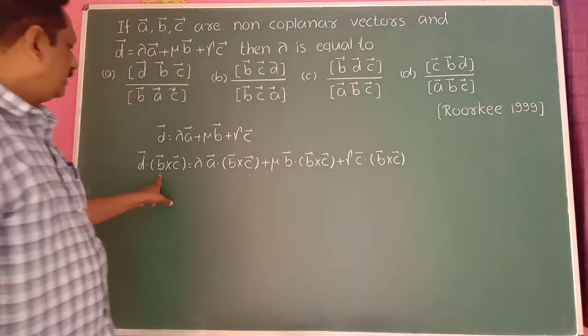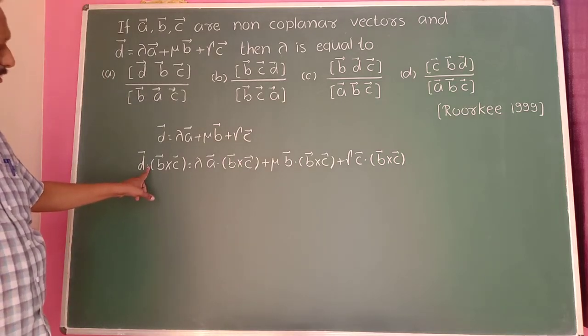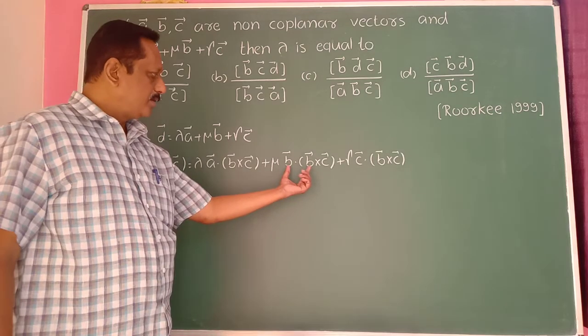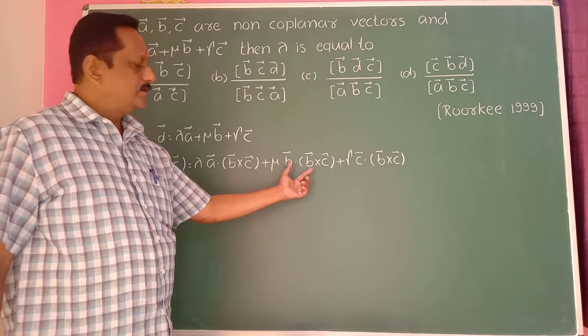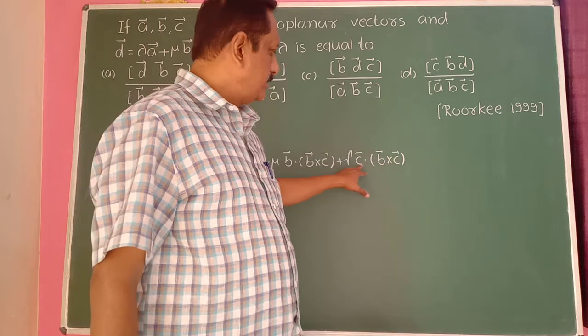Multiplying both sides by B bar cross C bar and taking the dot product here. And you know that in a scalar triple product, if two vectors are identical, the value becomes 0. This value becomes 0 here, as two vectors are identical here, C bar and C bar.